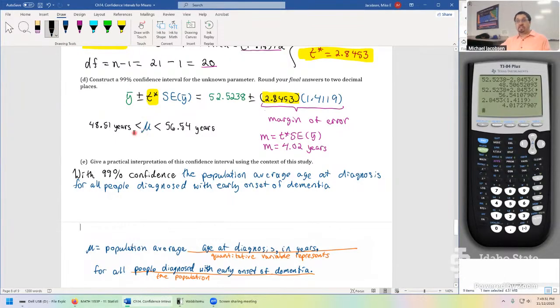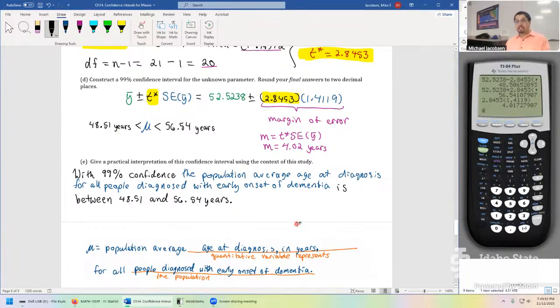So we said what mu is, then we just say what values it's between. Is between 48.51 and 56.54 years. Then that finalizes the problem.